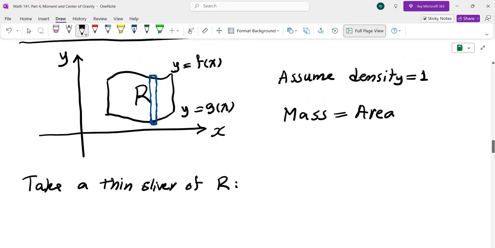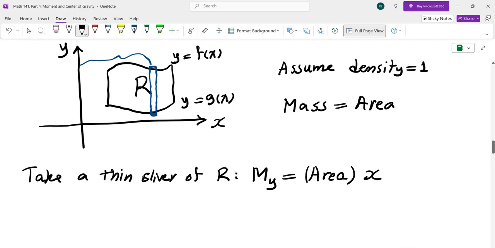Well, moment relative to the y-axis is going to be, well, we have to find mass, but in this case, we're using area. So it would be area times distance. What is the distance of that to the y-axis? Well, that's just x. Now, what's the area? Well, the area is base times height.